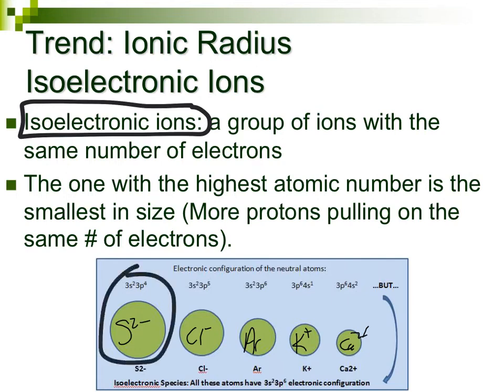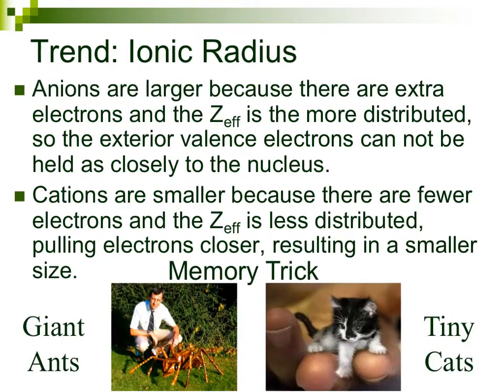When it's an ion, S2-, it only has 16 protons in the nucleus. Its atomic number is 16. But if you compare it to argon, argon has 18 protons in the nucleus. If they have the same number of electrons, meaning 18, sulfur gaining 2 from the 16 would have 18. Argon is element number 18, and argon will actually be smaller because, once again, the Zeff value is dictating the size of those elements, making them smaller.